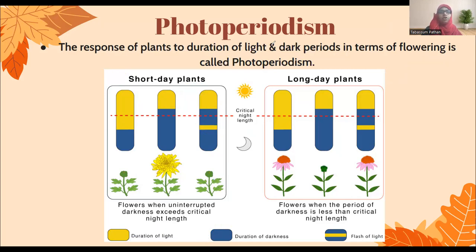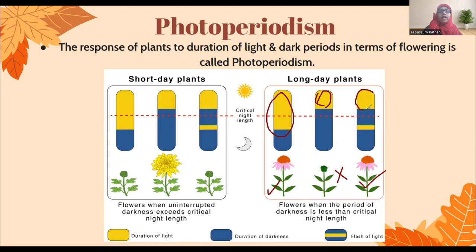Opposite to this are long day plants. What are long day plants? They will require more amount of sunlight for more period of time. In this case, number one and number three, you see that it is requiring more amount of light. Only this much amount of light does not suffice, so it is not flowering.